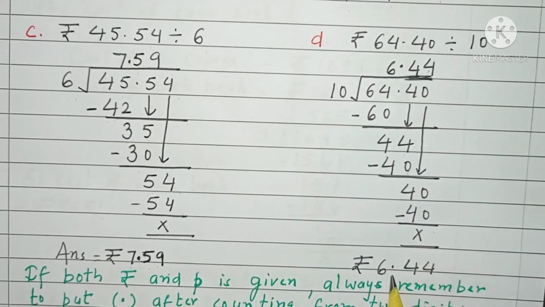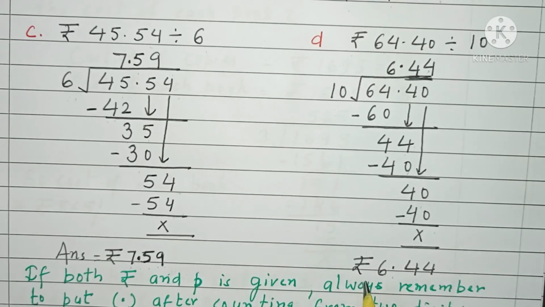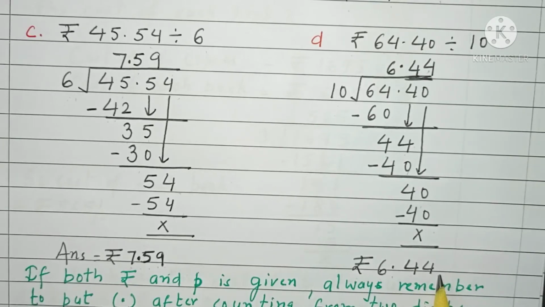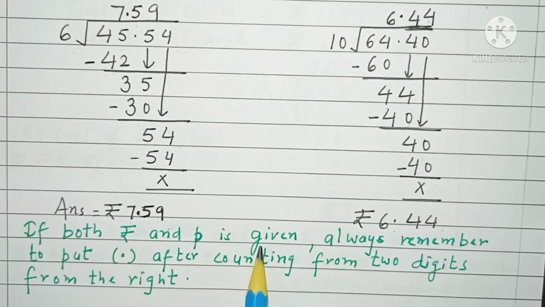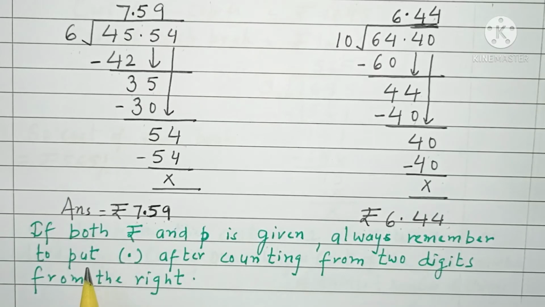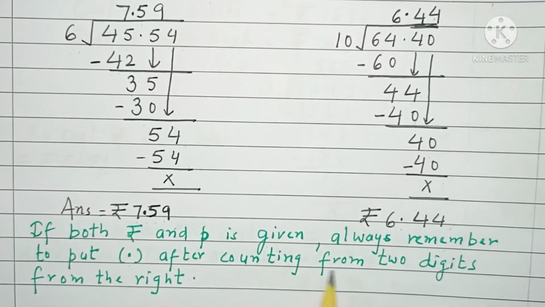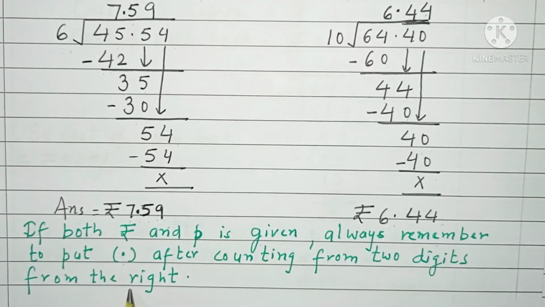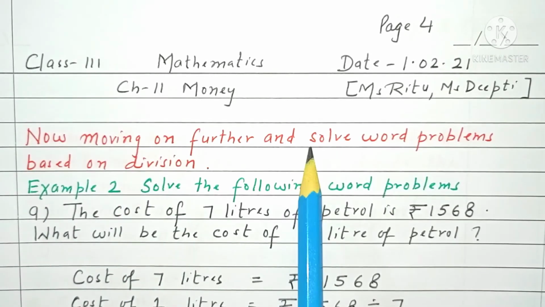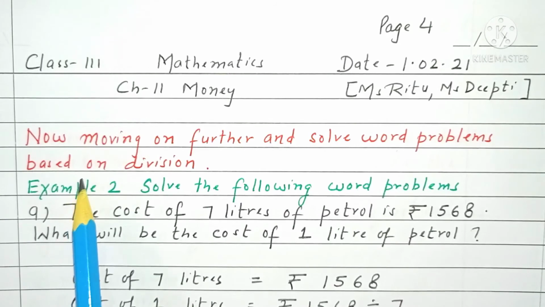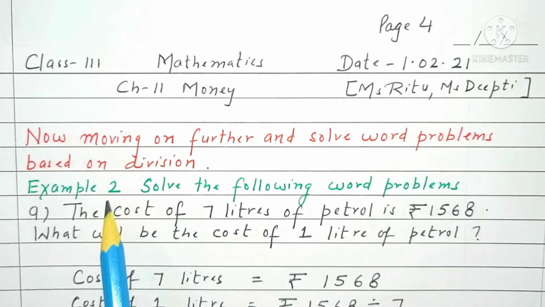Remember to put the dot. The answer comes out to be rupees 6.44. So, if both rupees and paise are given, always remember to put the point after counting 2 digits from the right. Now, we will move on further and solve some word problems based on division.